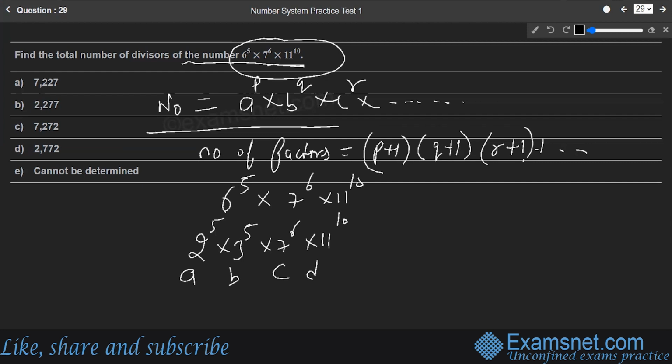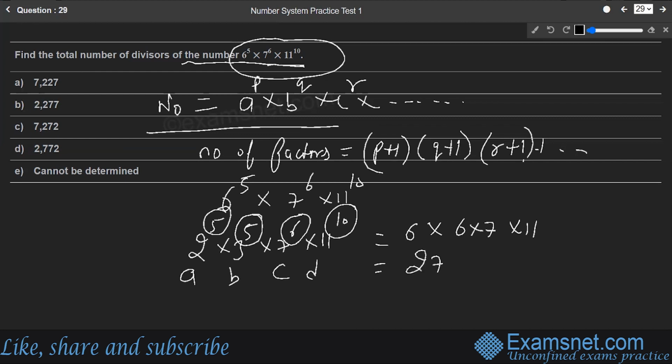So p is going to be 5, q is also 5, c is 6, and d is 10. So it's going to be 6 into 6 into 7 into 11. We are just supposed to take the product of this. If you do the product, you are going to get 2772 as the result. So that is what is going to be the right answer, option number D, 2772 is the right answer.